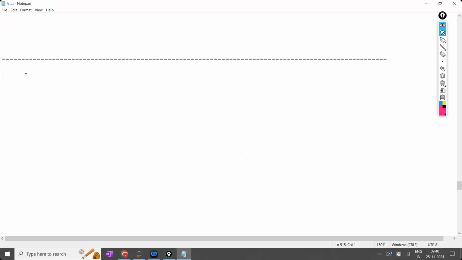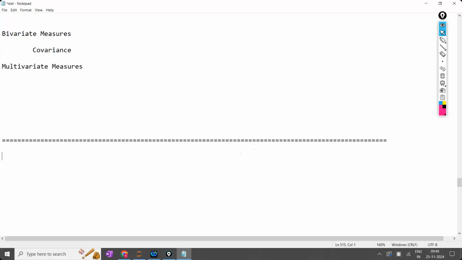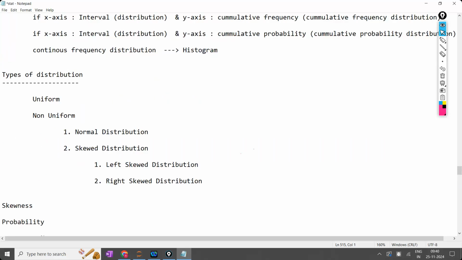But uniform distribution, non-uniform distribution, all these things we apply only on the continuous variable, not on the discrete variable.